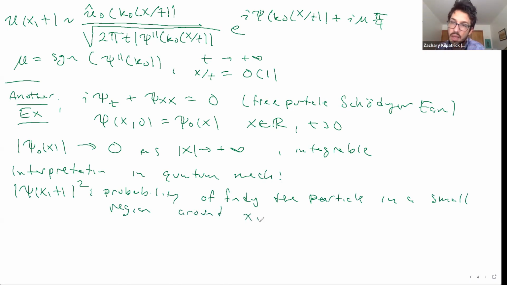So the solution to this is really going to give us some probability density function associated with a particle moving according to some physical laws.